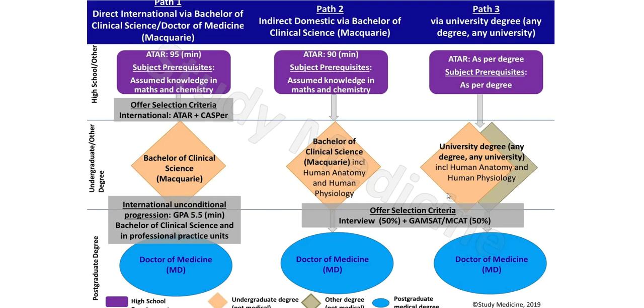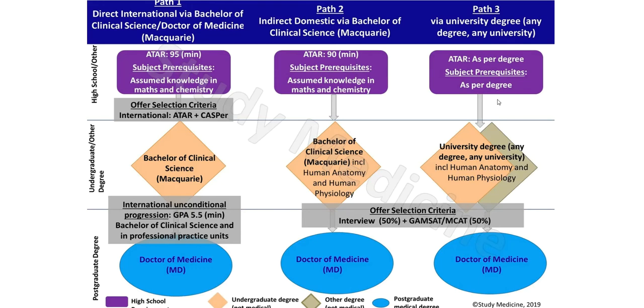That's a two-stage selection process, the first stage being getting a spot in the interview. And then once you've been interviewed, the selection criteria for an offer of a place in the Macquarie University medical program is based 50-50 on your interview outcome and your GAMSAT or MCAT results.